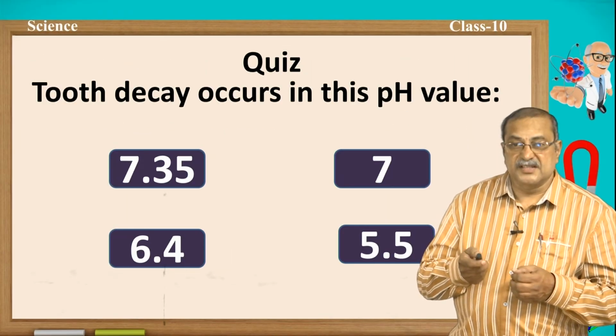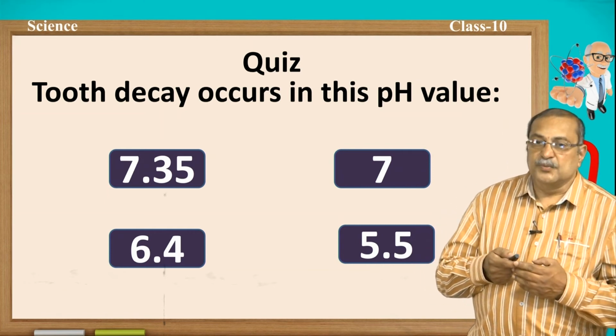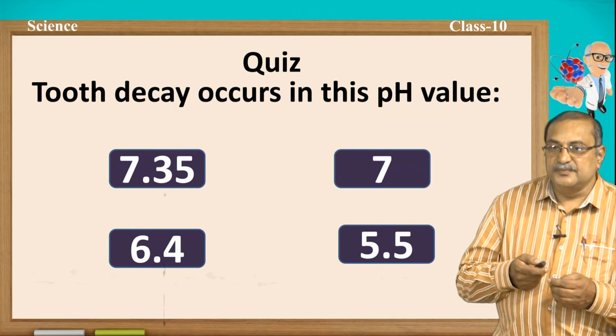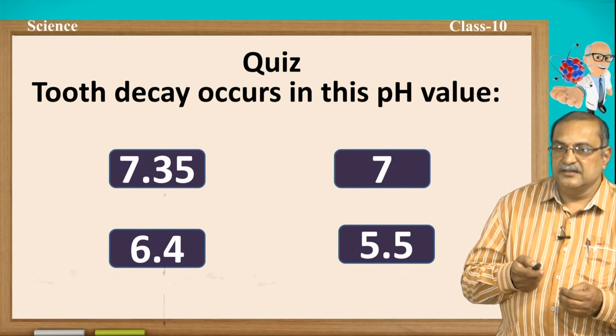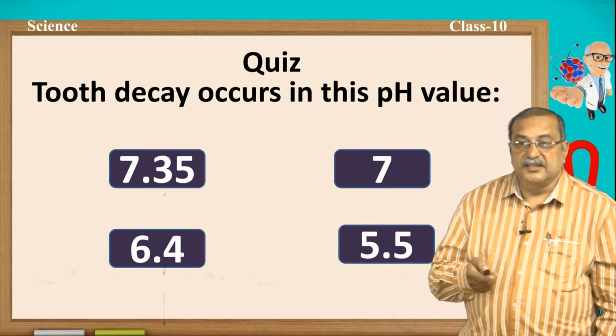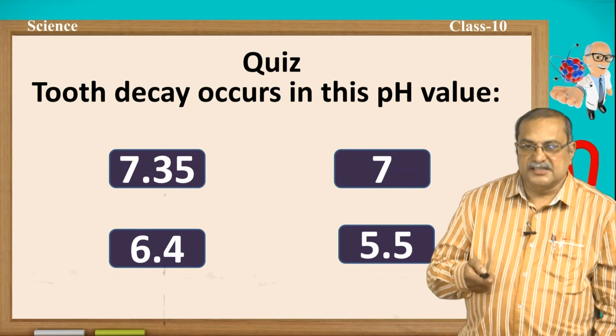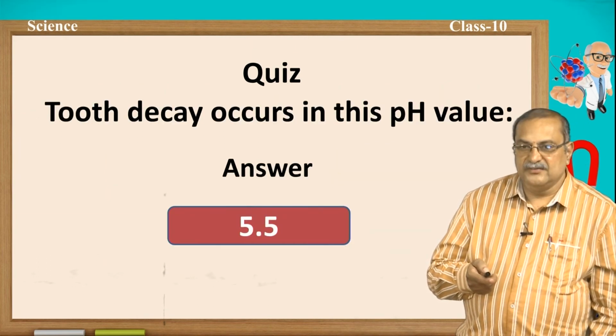Okay. Next it is the quiz time. Tooth decay occurs at this pH value. Options are 7.35, 7, 6.4, 5.4. I think you know the answer, we already discussed it just now. Answer is 5.5.